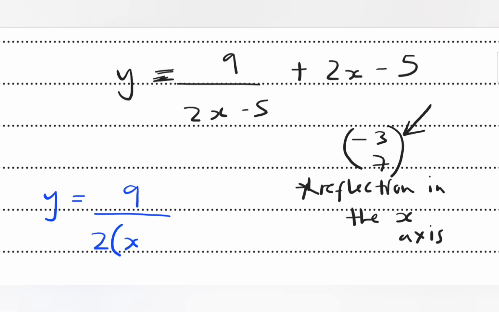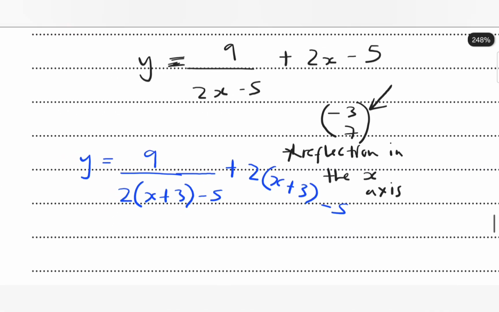So if it's minus 3 on the x, writing it in the equation, we multiply it by minus 1, so it will be plus 3, minus 5. Then plus 2, we do the same, our x plus 3, then minus 5. So if we're writing the transformation on an x value in the equation, we multiply it by minus 1. So applying that transformation of minus 3 in the x direction, we get this.